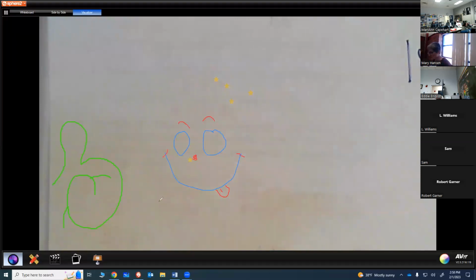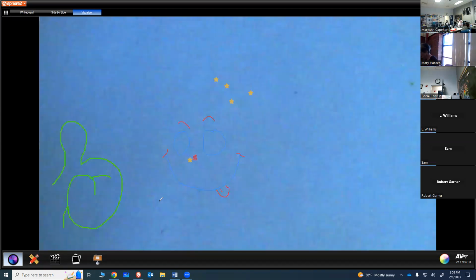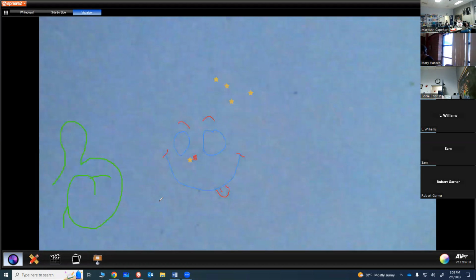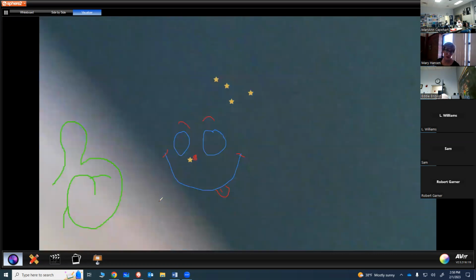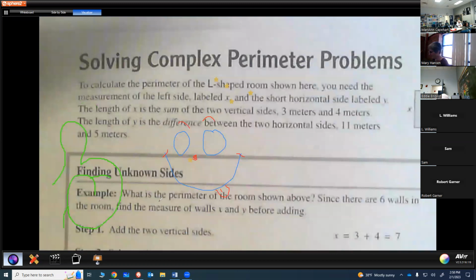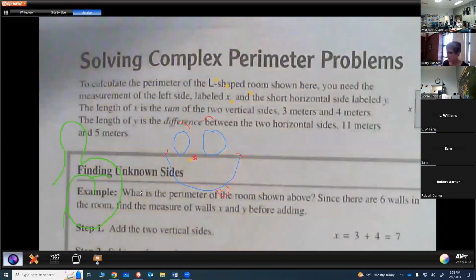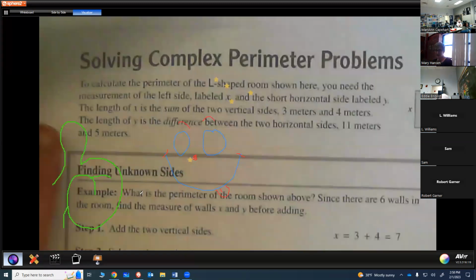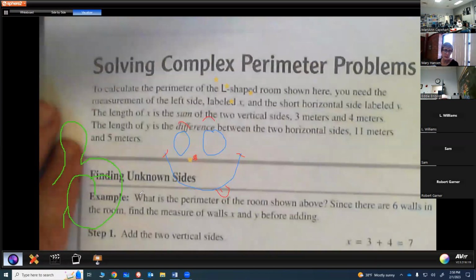Okay, so we are about out of time. And I'm going to push back the very last part of perimeter to next week. If you look in your packet, you should only have 2 pages left. I only have 2 pages, so hopefully you only have 2 pages left too. The last thing says, don't let complex perimeter problems scare you.